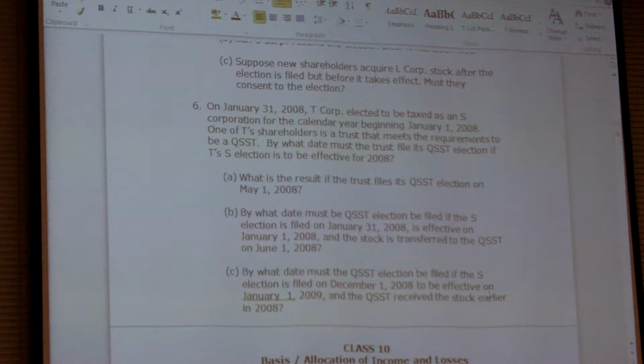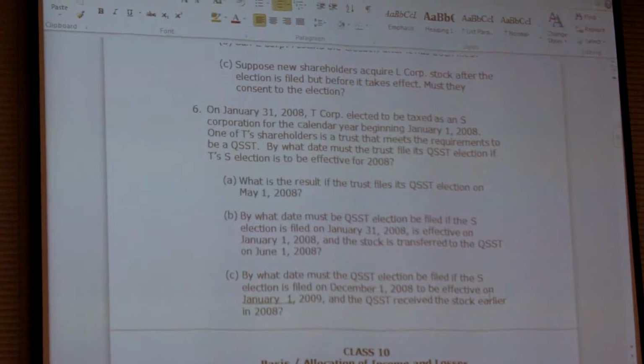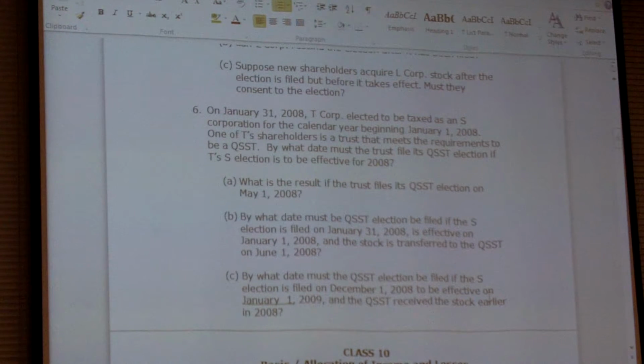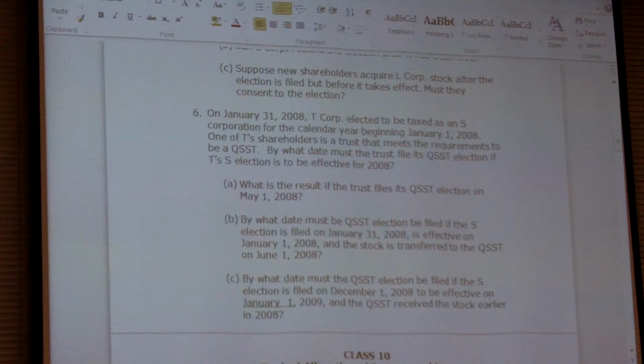So with that period, you'd say June 1, July 1, August 1, 16 days, August 16th, 16th, 17th, one or the other. I'm bad at counting. So you would be allowed to have the QSST election retroactive to June 1 at that point.